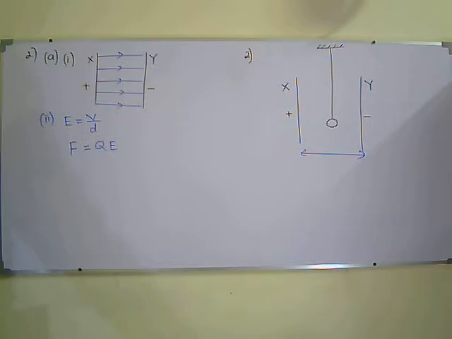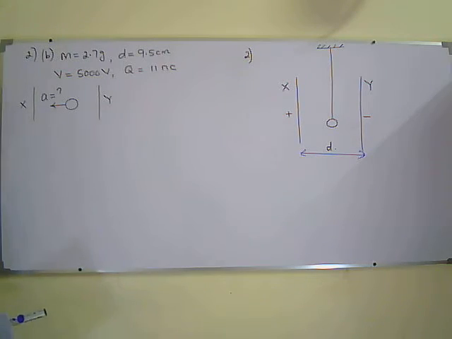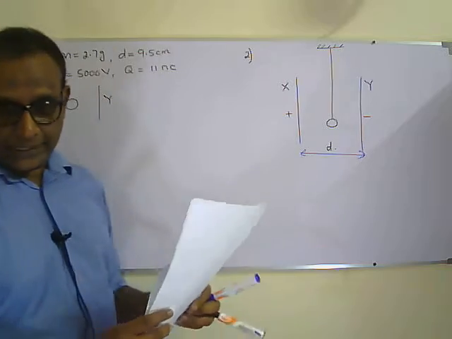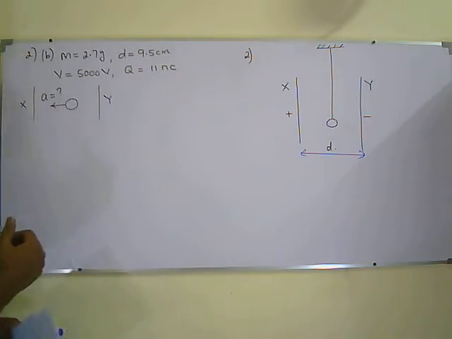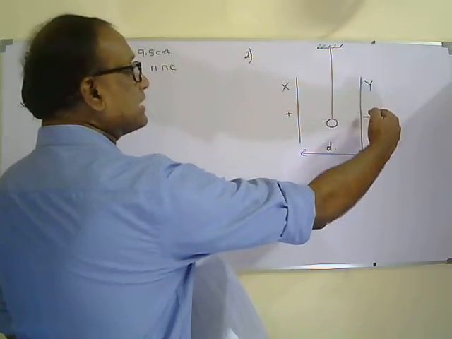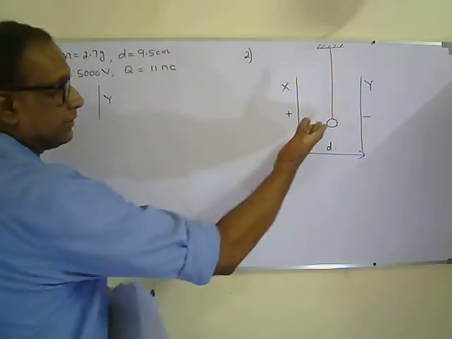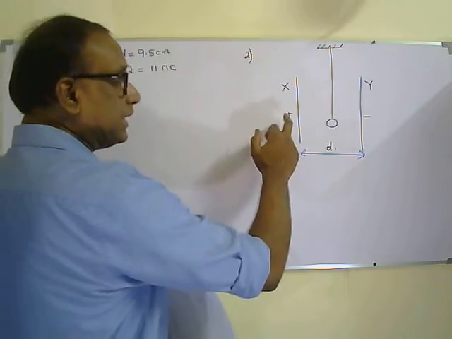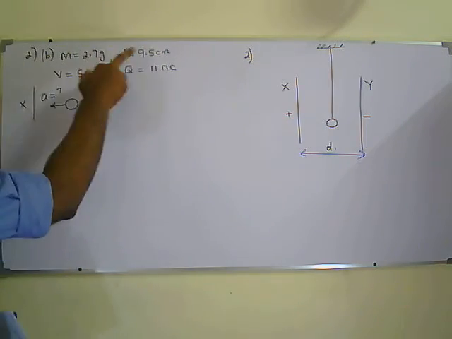Okay, so question number 2, B part, I can summarize by using this diagram. They are saying after touching the plate Y, the ball is accelerating towards plate X. Obviously, it will have negative charge, so it will accelerate towards the positive plate. So these are the data given.